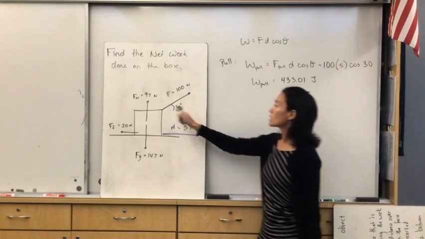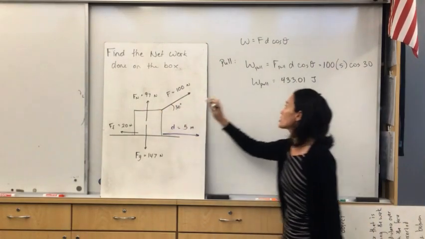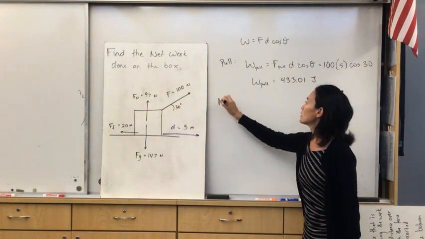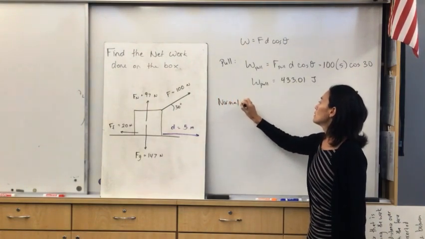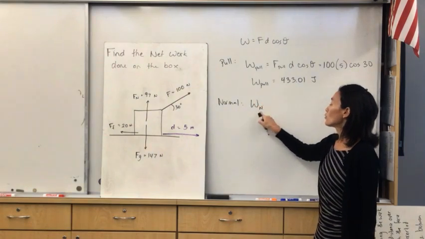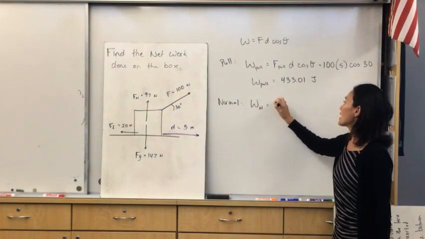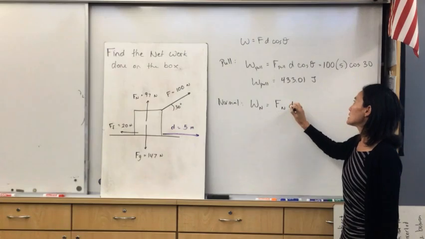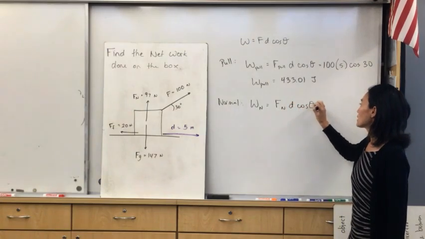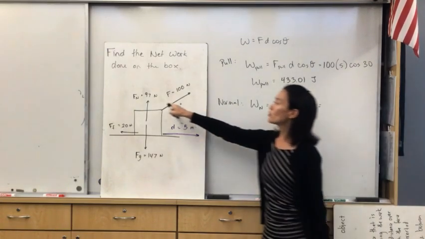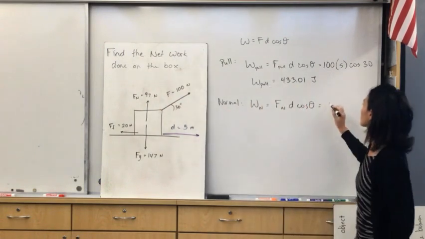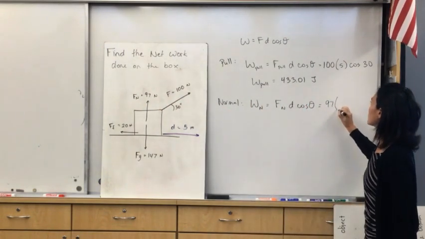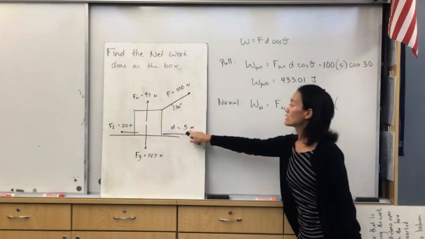Let's continue and look at the work done by the normal force. The work done by the normal force would be equal to F_N times d times the cosine of that angle. My normal force is 97. My d value is 5.